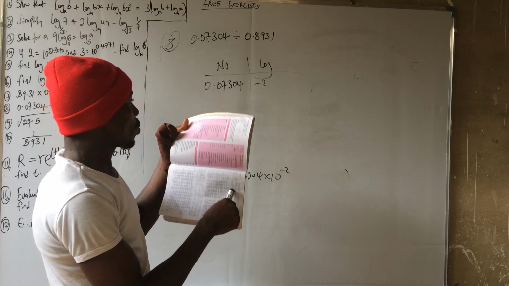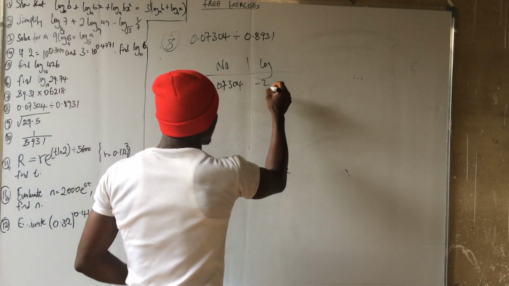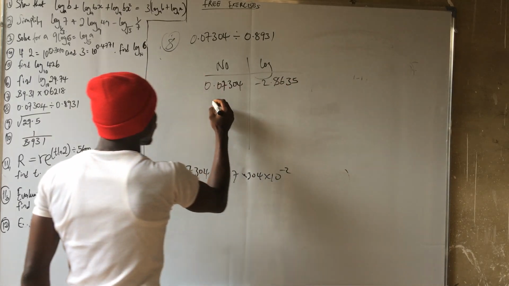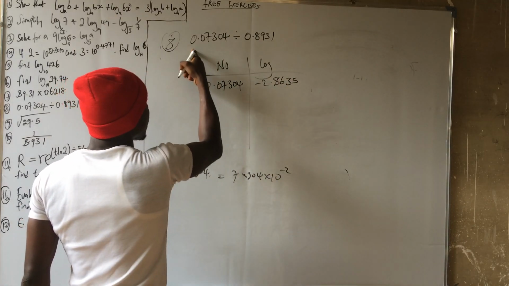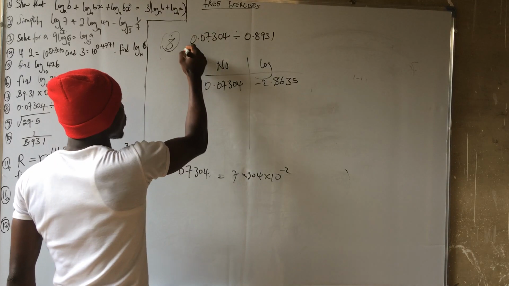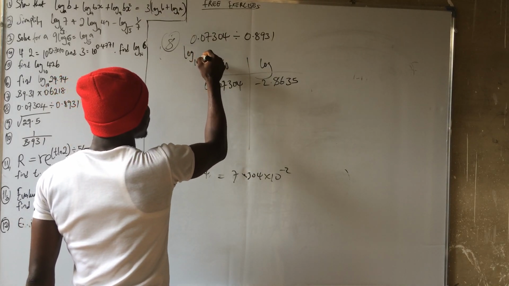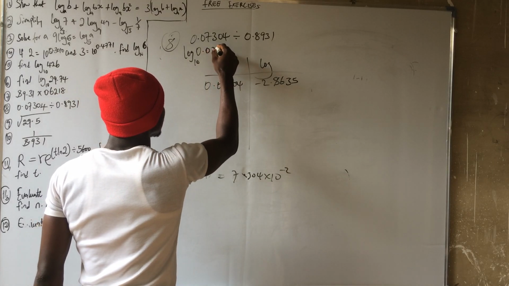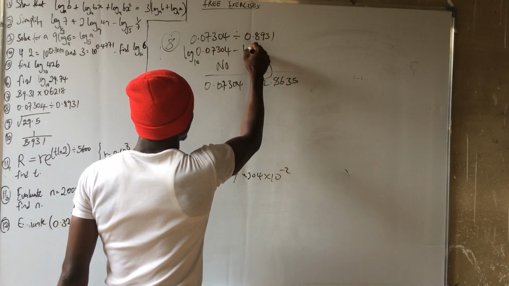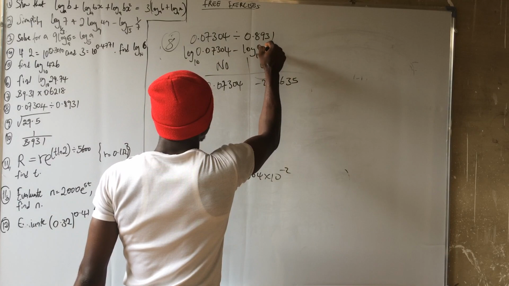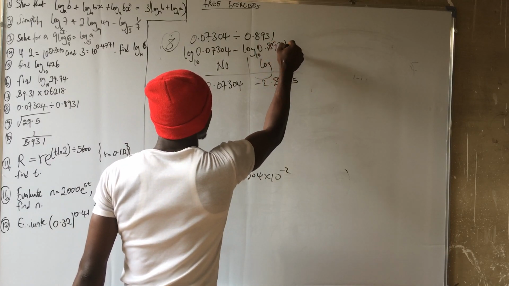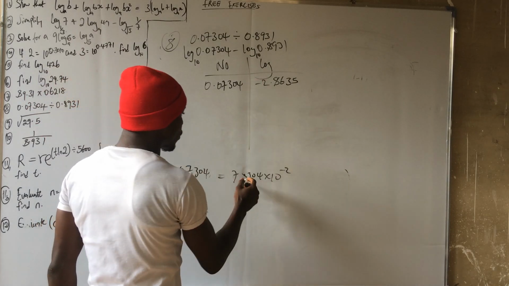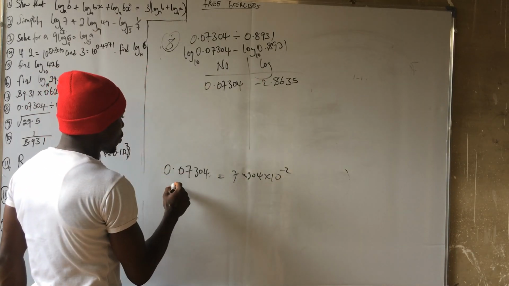Difference 4 is 3, so 8636. Now remember that here, taking the common base, we have log to the base 10 of 0.07304 minus log to the base 10 of 0.8931. So actually what we're going to do here is subtract.